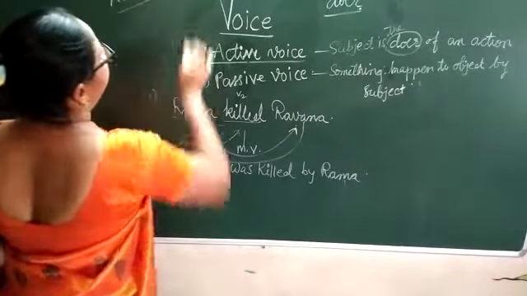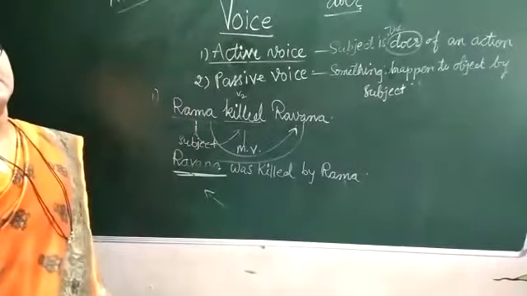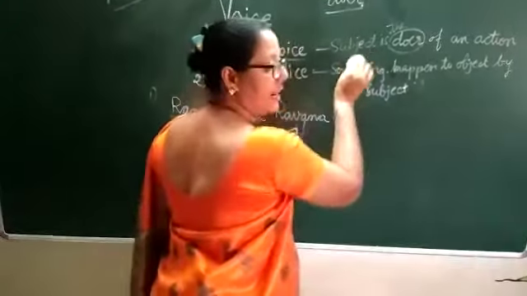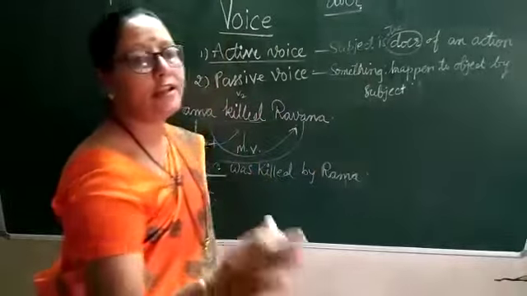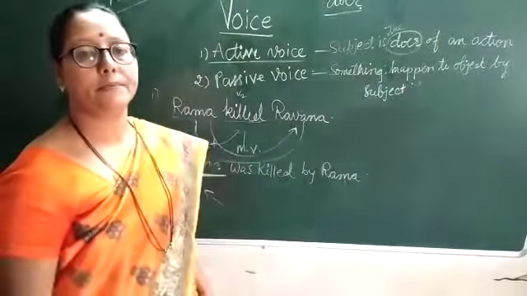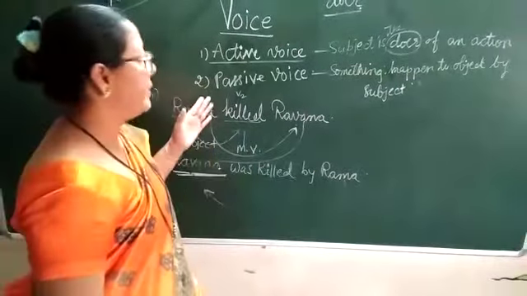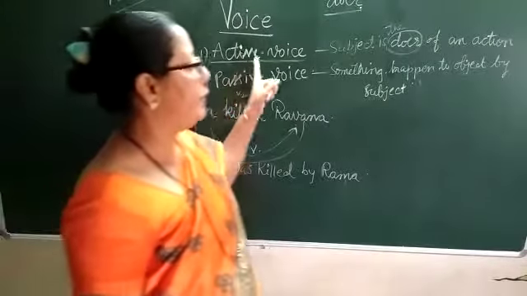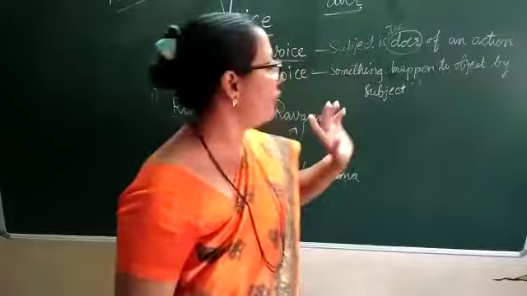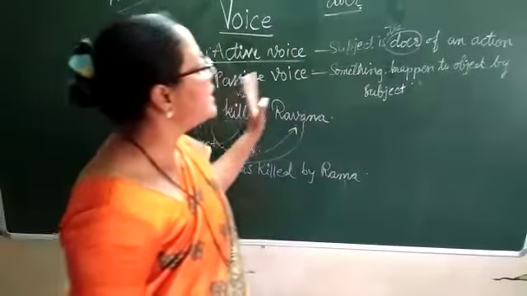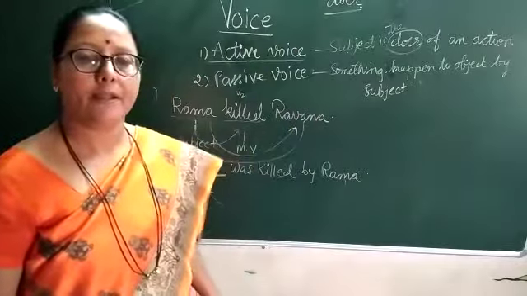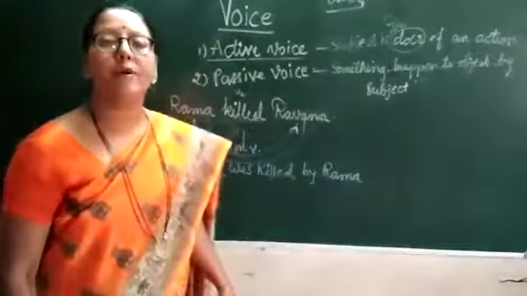So the definitions of active voice and passive voice are also totally reverse to each other. The important thing in today's video: in active voice, subject is the doer of an action, and in passive voice, something happened to the object by the subject. In today's class, this is enough.